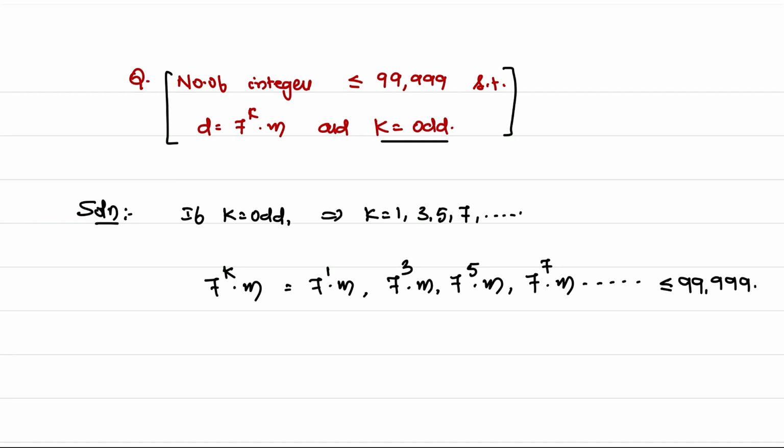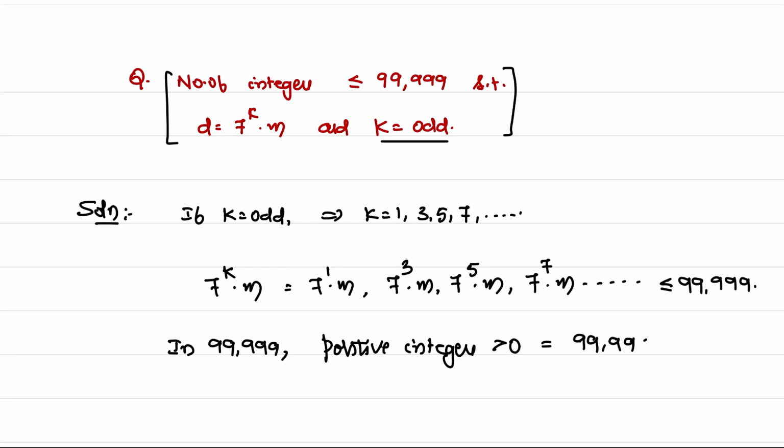How many positive integers greater than 0 will be there up to 99,999?